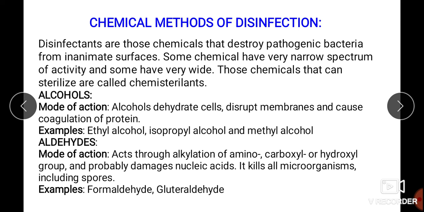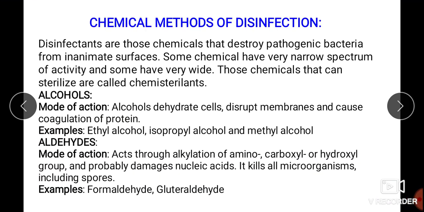The lipid present in the cell membrane becomes soluble in alcohol, so the lipid leaks from the cell membrane and the organism gets killed. Alcohol disturbs the membrane of the pathogen and also causes coagulation of protein.